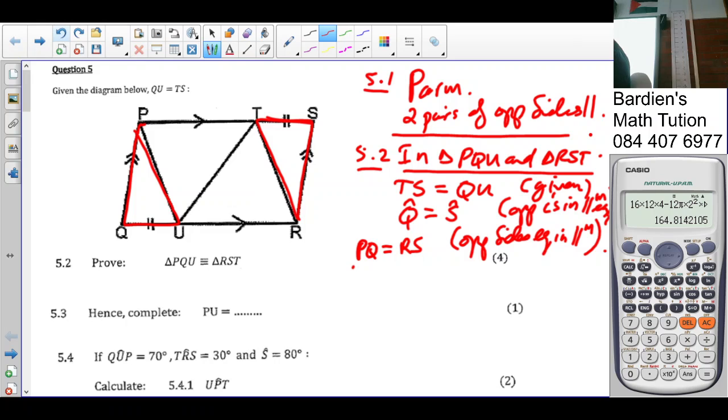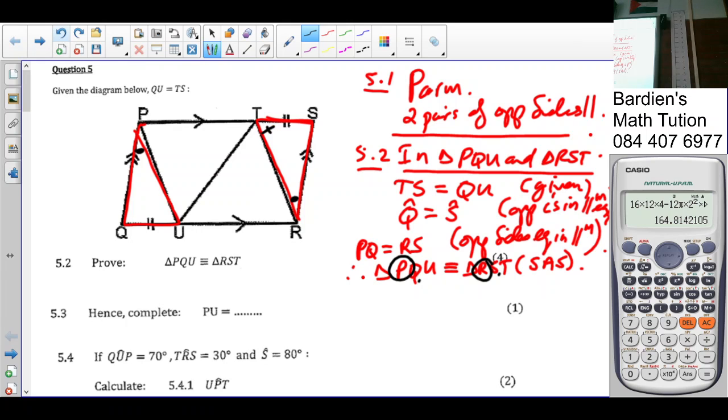So we can conclude therefore, triangle PQU is congruent to triangle RST. Why? Side angle side. So what does that mean? If the 2 triangles are congruent, all the corresponding angles and all the corresponding sides are equal. Which now means that angle P is equal to angle R. Angle Q is equal to angle S, we knew that already.